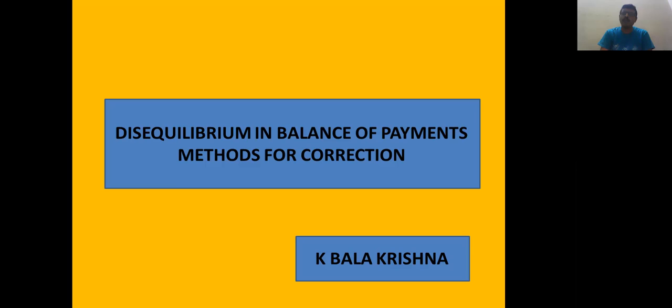If the exports are more than imports, or if the imports are more than exports, then there is a chance of creating a disequilibrium in the current account. In this way, different situations can cause the disequilibrium. And in this class, we also want to state how these disequilibriums are corrected. What are the methods adopted for correcting the disequilibrium in balance of payments?